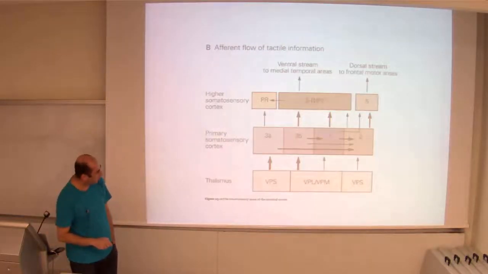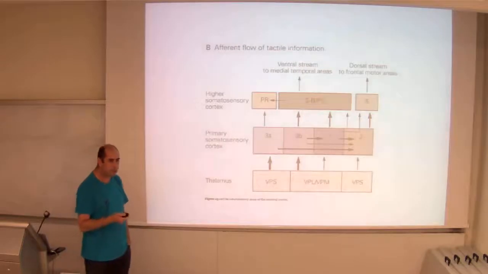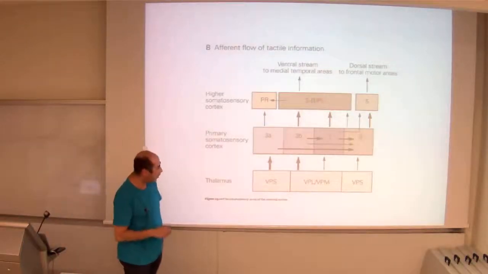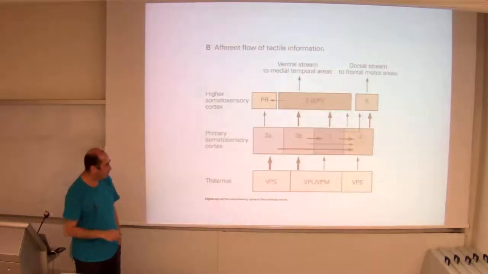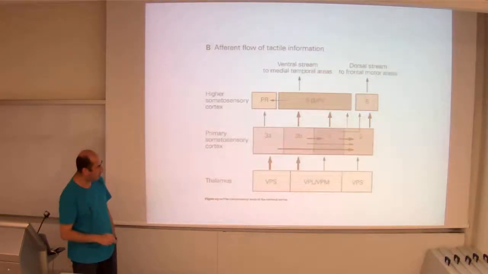But it's different: the thalamus has different subnuclei than in the visual system, where you have the LGN. Here you have several nuclei in the thalamus. The main one is VPM or VPL. In humans, it's called VPL. In rodents, it's mainly VPM. There are others that also transmit information. Information comes to 3A and to 3B.